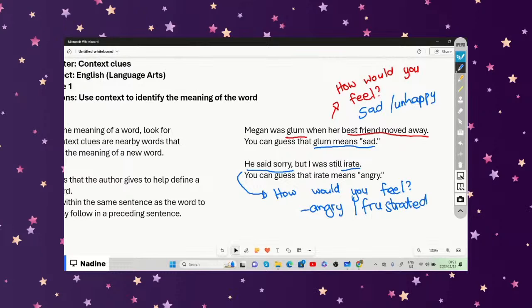Because sometimes people might push your buttons and make you angry. So even though they say sorry, your feelings are still valid, in the sense that this is still how you feel.